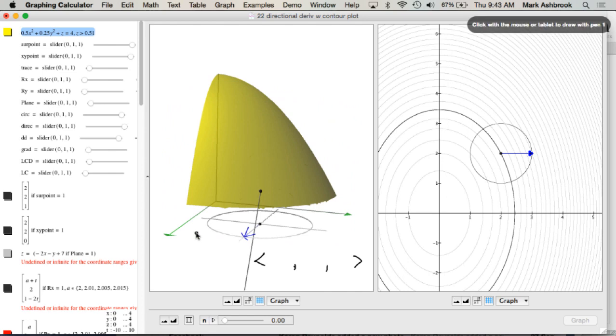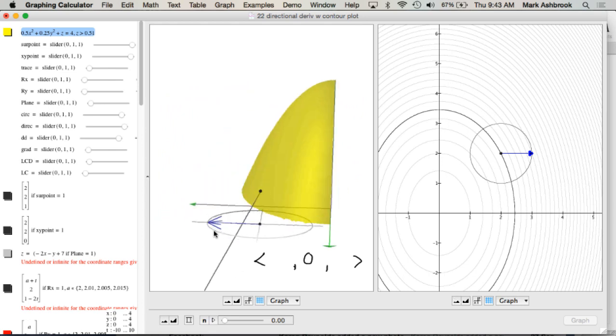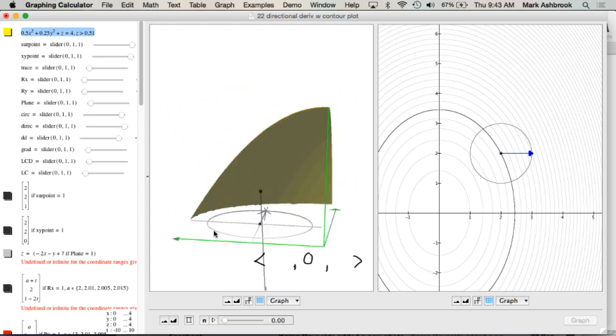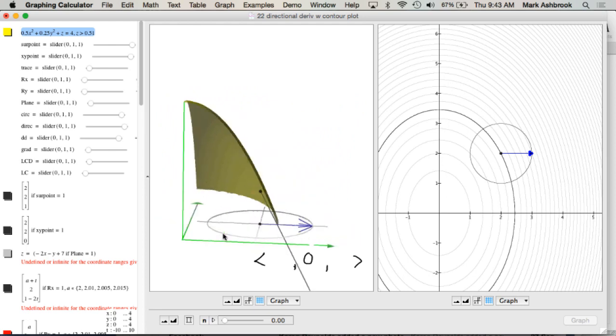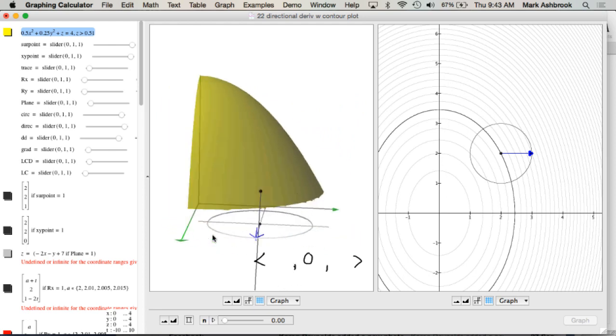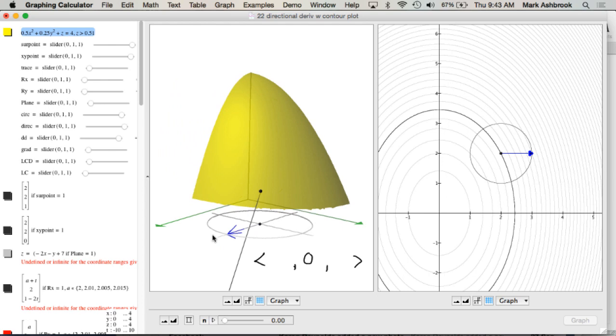And now here's this question: what is the rate of change in that direction? What is the rate of change? So what's the rate of change, Mark, first of all? What's that? Right. So the partial of f with respect to x is the rate of change of that.